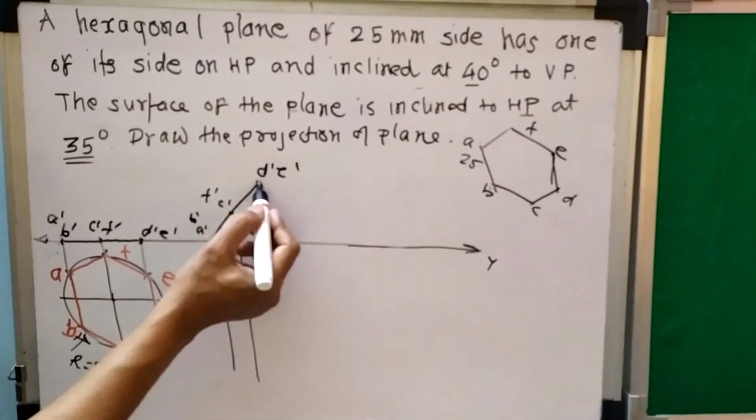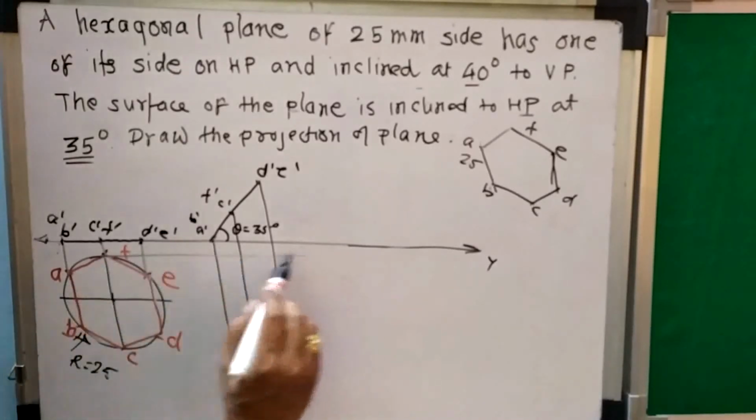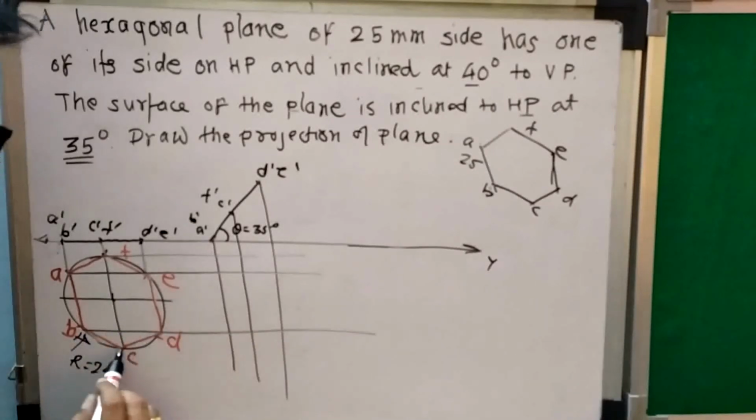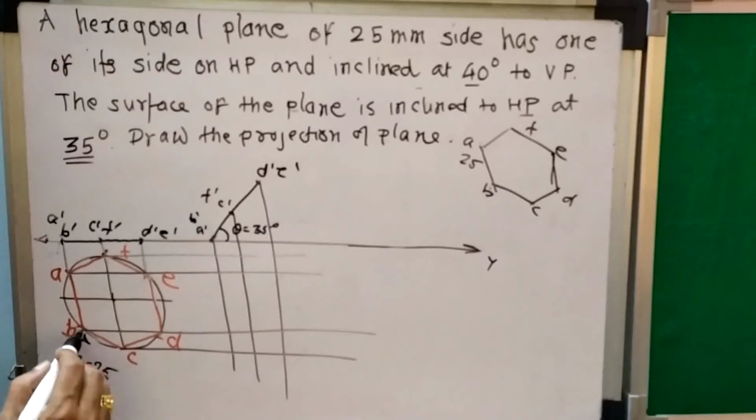These are the perpendicular lines to XY, and from this I will draw lines: A and E, B and D, and C. The line from A passes through E, the line from B passes through D, and now I will get the corresponding points.